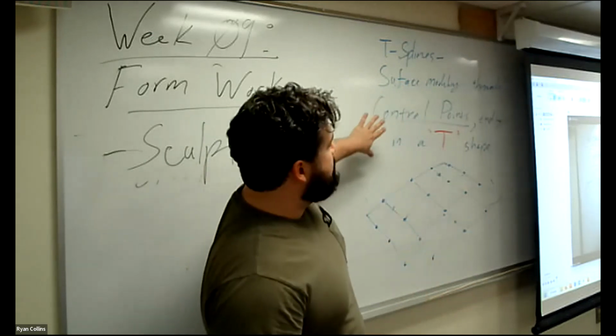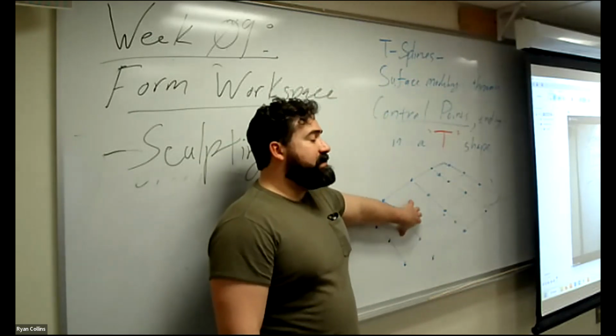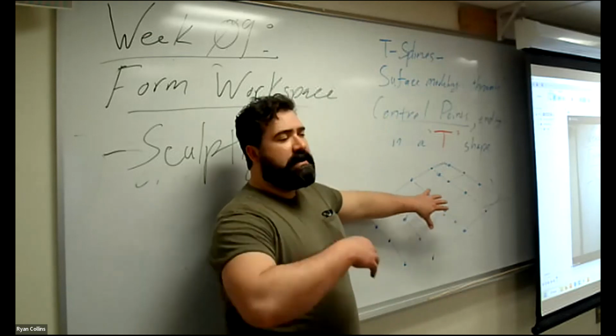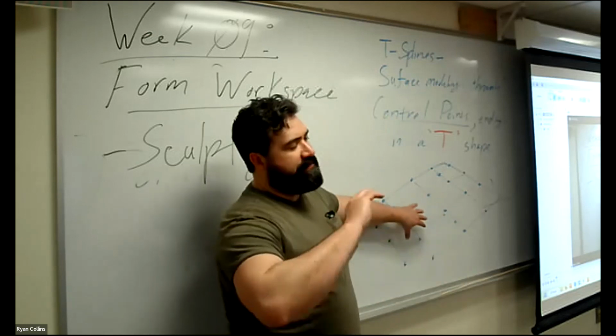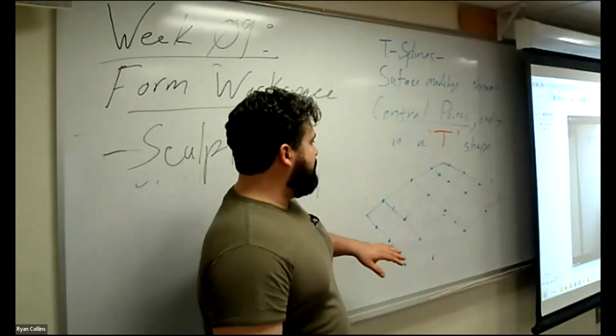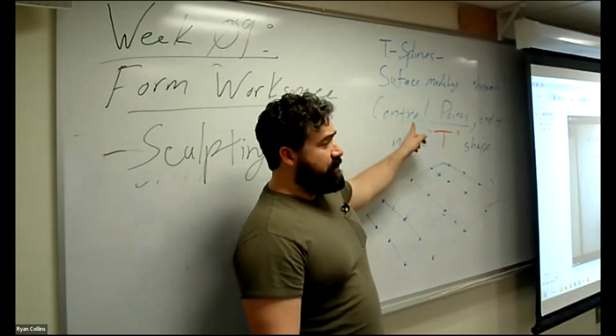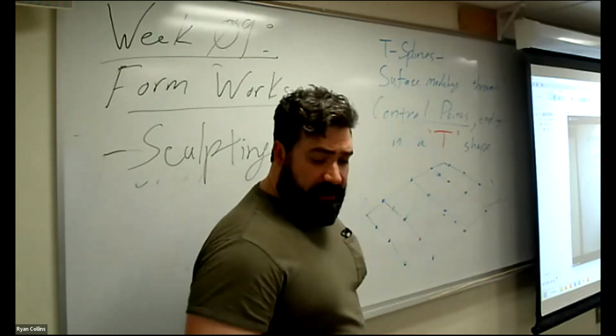So how T-splines function is, think of everything as a big net. There's a different type called NURBS. It's a different acronym for a different modeling process. It's very similar, but we're going to ignore that for now because what we're working with is called T-splines, surface modeling through control points. Think of your standard fit point spline.